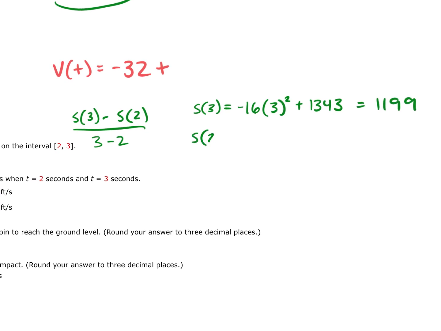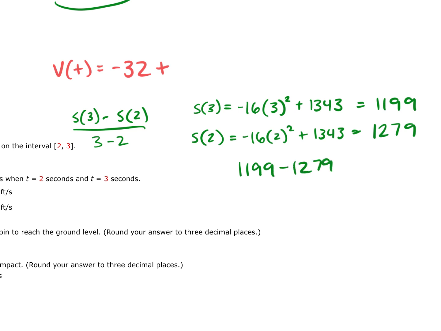And then s of 2 would be negative 16 times 2 squared plus 1343. This would be 1279. So when we plug it into our formula, we get 1199 minus 1279 over 3 minus 2.